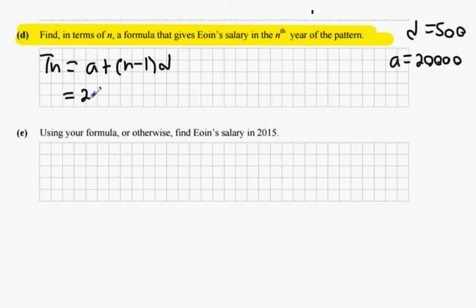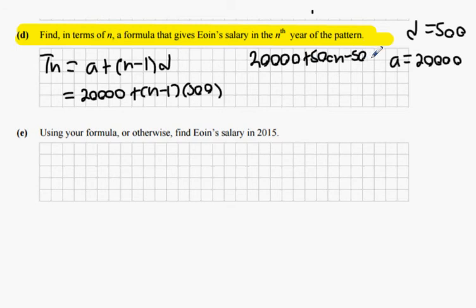Put it in and we get 20,000 plus n minus 1 times 500. That will give me 20,000 plus 500n minus 500. That gives me 19,500 plus 500n. So does everybody see how that works?